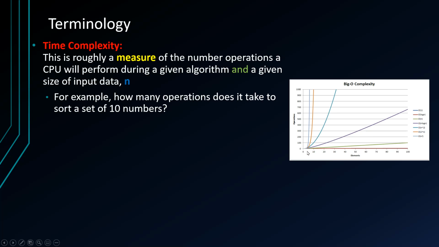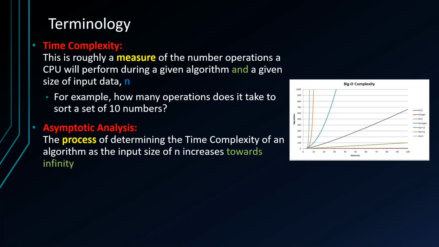So for example, with some of these, it doesn't matter how many elements you add, they're still just as efficient and do just as few operations. Whereas over here, this big O of n factorial or 2 to the n or n squared, things like that, you can see that it doesn't take very many elements at all for it to really spike. And that's a big problem. We really need to try and avoid these situations. So, time complexity, that measure.